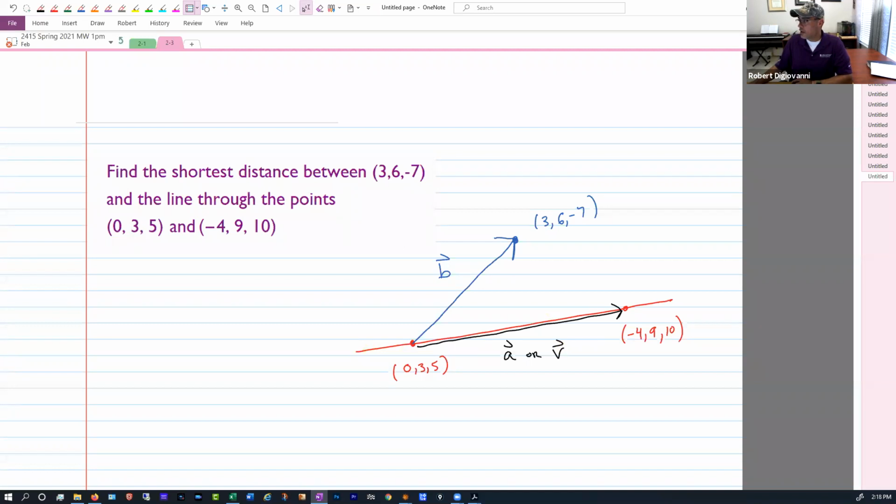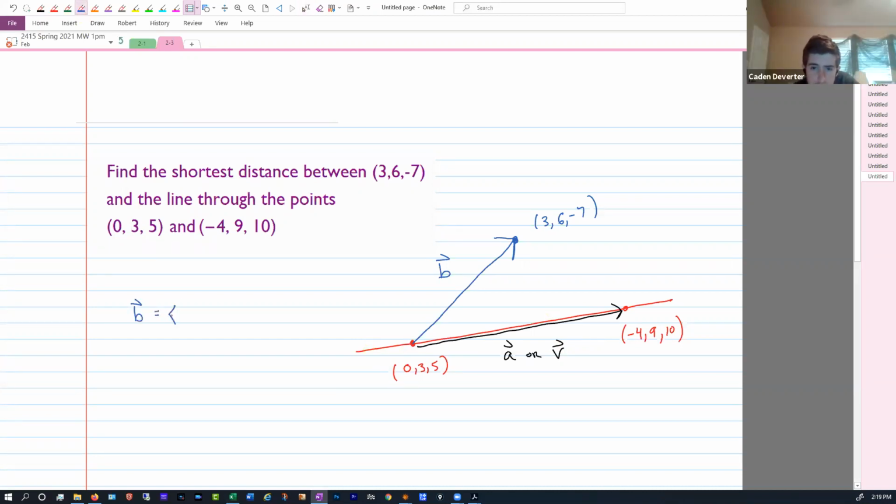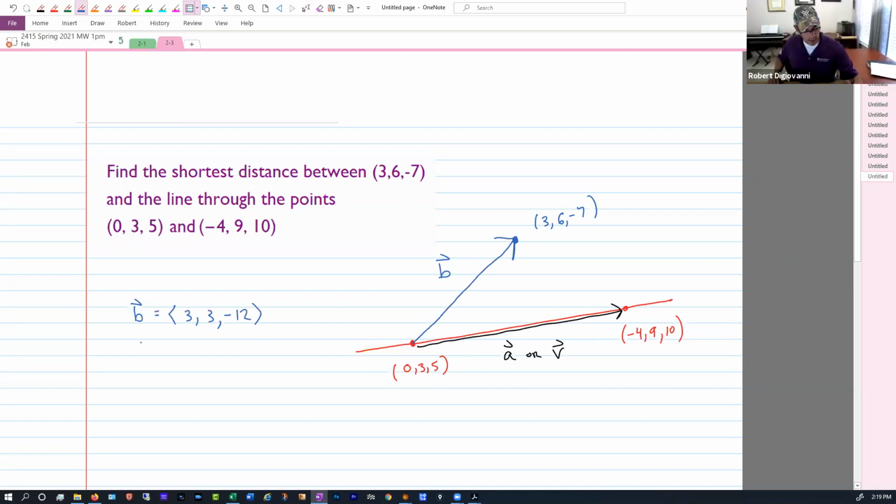So we'll start over here. Caden, can you give me B? B is <3, 3, -12>. Okay. And then how about V, Damien? Wait, did I call on you, Margie?